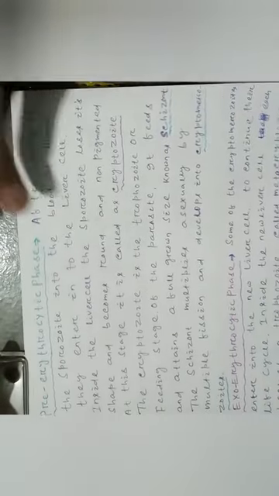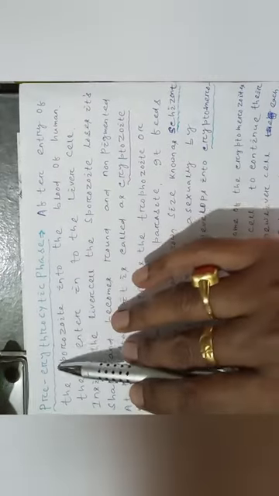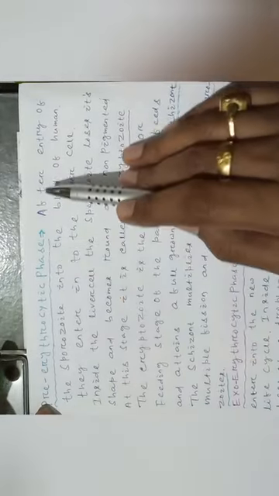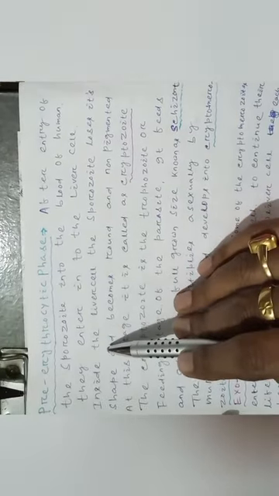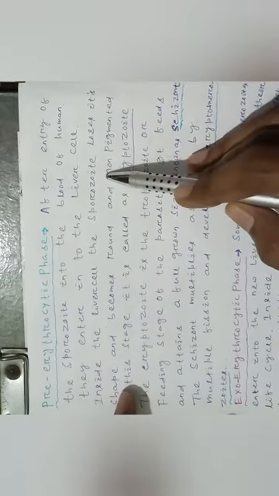Then we discuss the different phases. Number one is the pre-erythrocytic phase. After the entry of the sporozoite into the human blood, it enters a liver cell. Inside the liver cell, the sporozoite loses its shape and becomes round and non-pigmented.